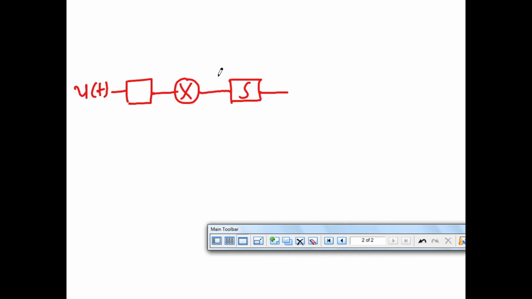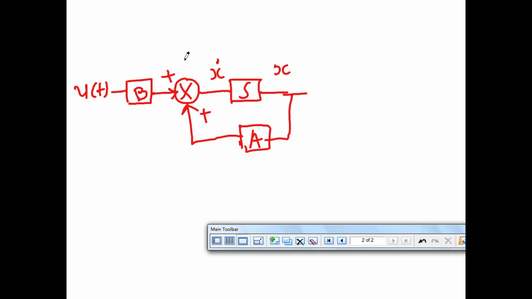The signal x dot is converted into x, and we have this summation point. The direction over here will be this. So your x dot is equal to a into x plus b into u of t, so that is the first part.